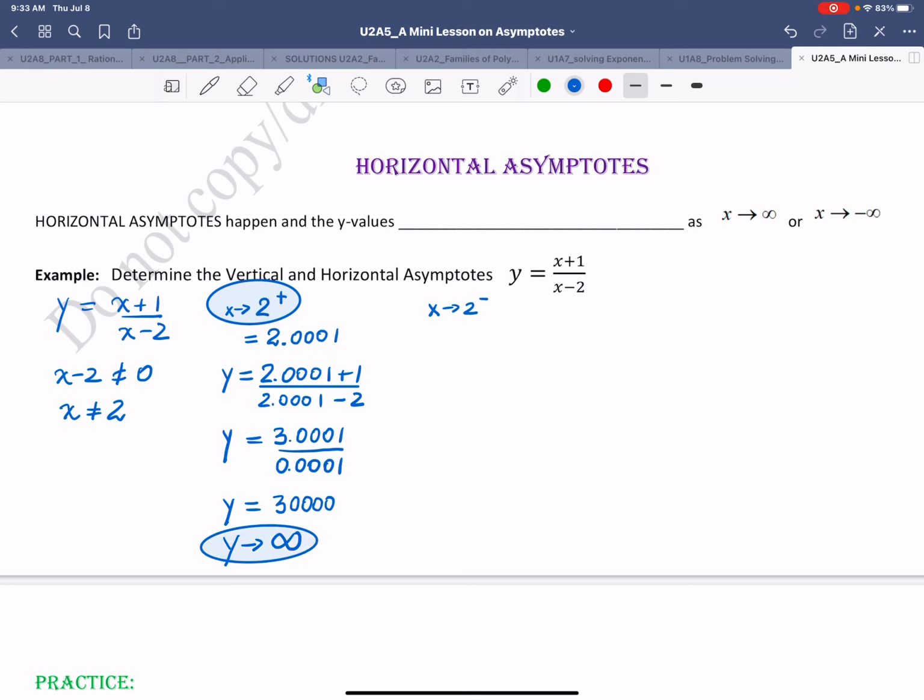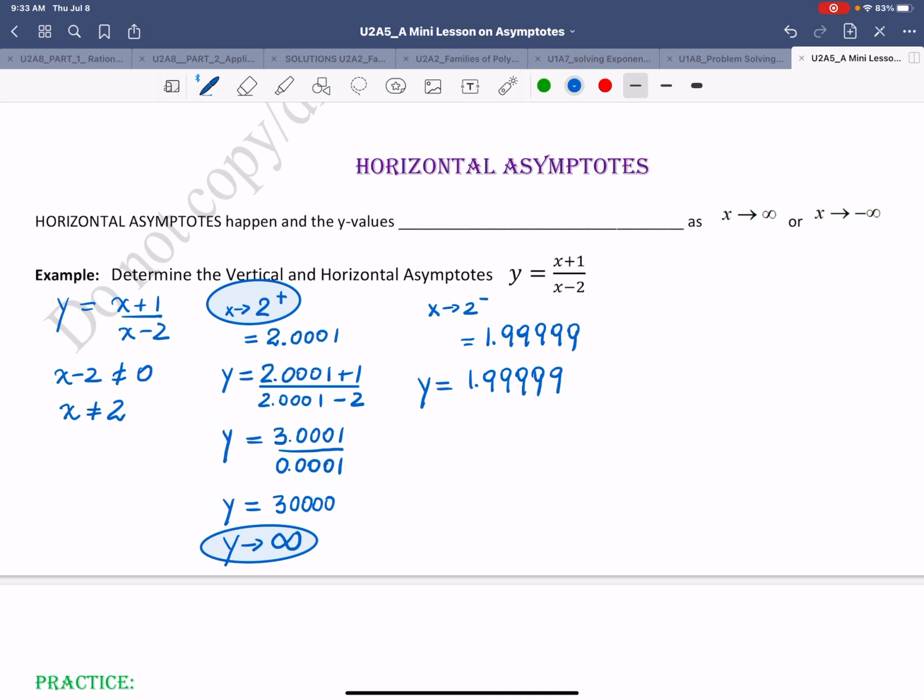Now, what happens when x approaches 2 from the left-hand side? Well, let's take an example of an x value. 2 from the left would be 1.99999. So for the y value, we have 1.99999, and you can add more nines if you wish.